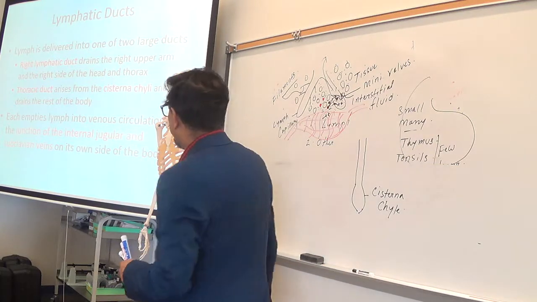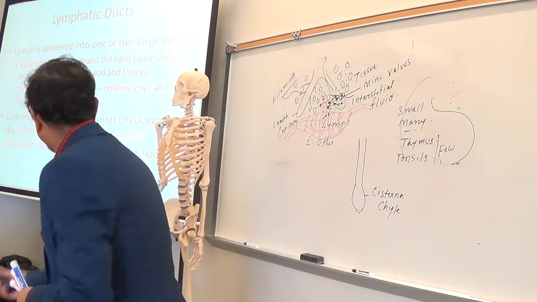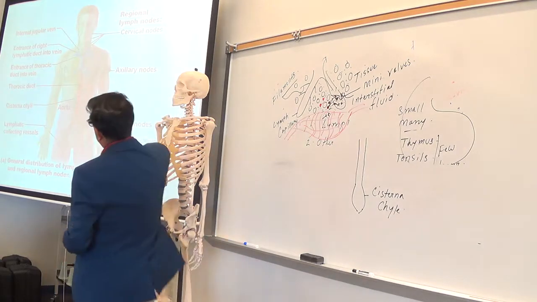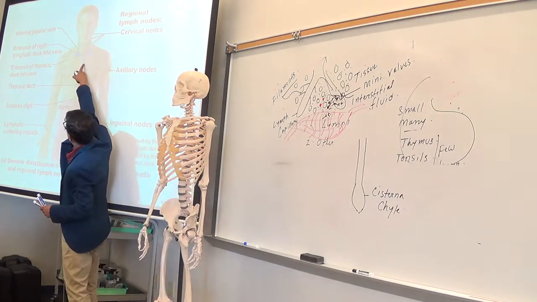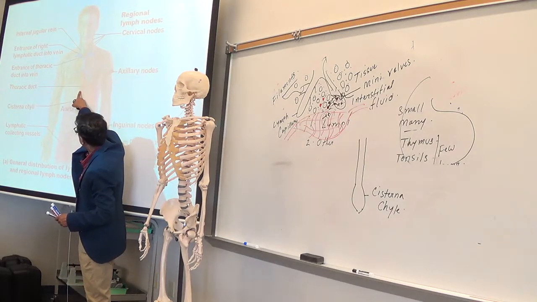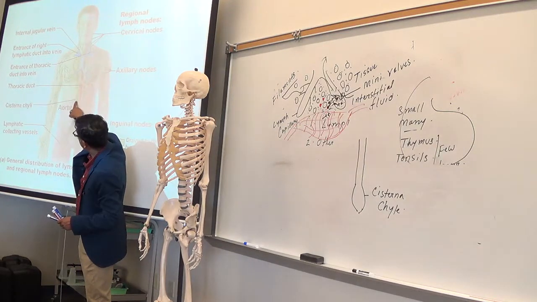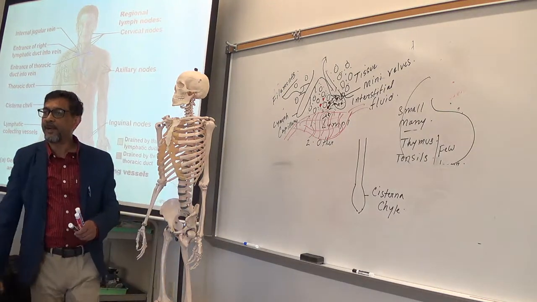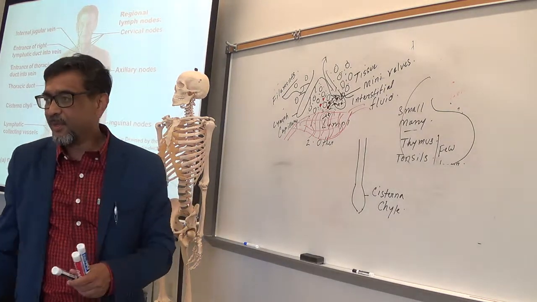Okay, so here, this is the thoracic duct, and the lower end, you see the dilated or expanded lower end, which is called what?